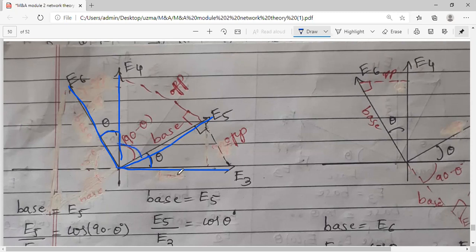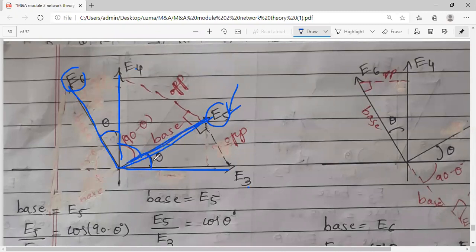Now, my motive is to represent the new components E5 and E6 in terms of the older components E3 and E4. Looking from the figure, if I want E5, check the two triangles. Base is common. E5 is base.